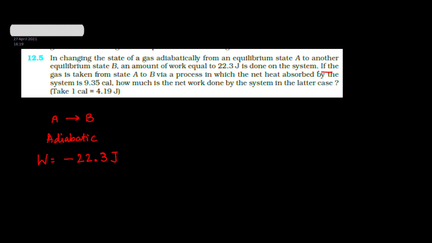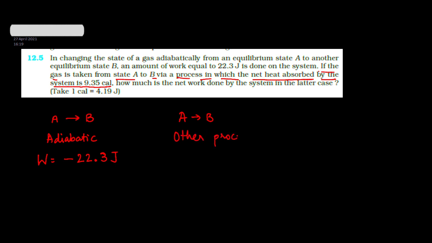Yes, if the gas is taken from state A to B. So once again, if we take it from A to B via a process, okay, so this time not adiabatic. Why? Let's read further. Via a process in which net heat absorbed by the system is 9.35 calorie. So do you realize it has to be some other process?